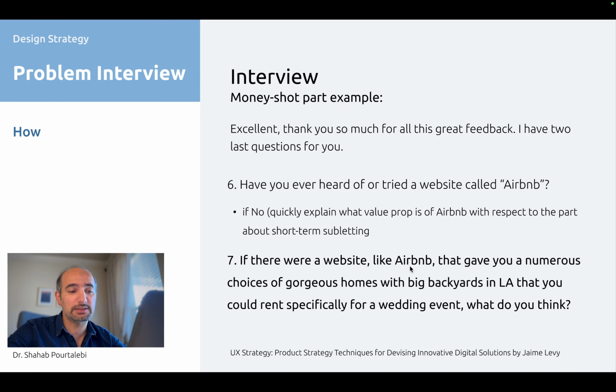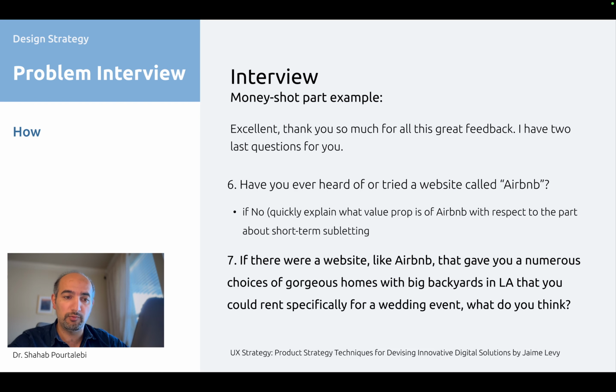And question 6, you might not need it, because this guy used Airbnb in the statement in this last question. So they asked the user, have you ever heard of or tried a website called Airbnb? Because it's very important for them to know that the participant understands how Airbnb works and all those features they could see on Airbnb, like rating, booking, communicating, money transfer, location, everything.